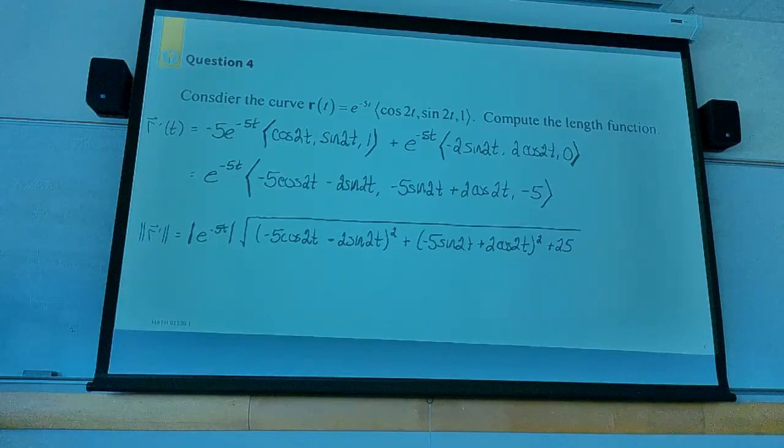Oh, this is going to be fun. E to the negative 5t. What do we know about the range? So what's the range of e to the negative 5t?